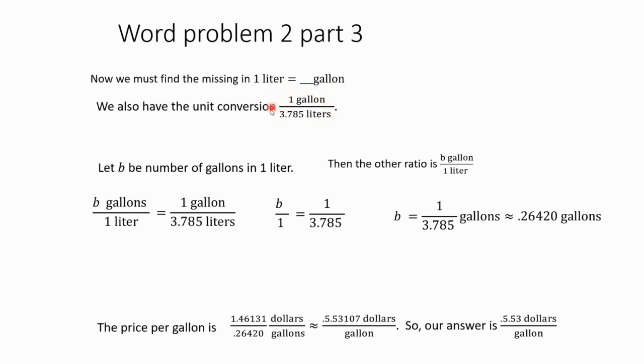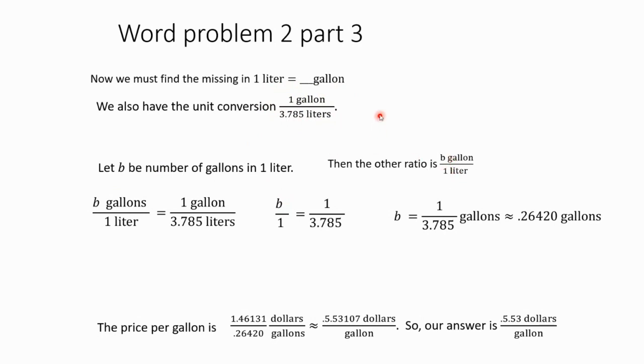Now, instead of X, I'm going to use the letter B, though you could use X if you want. Although it might be better to use a different letter. If we let B be how many gallons there are in 1 liter, the other ratio would be B gallons over 1 liter.